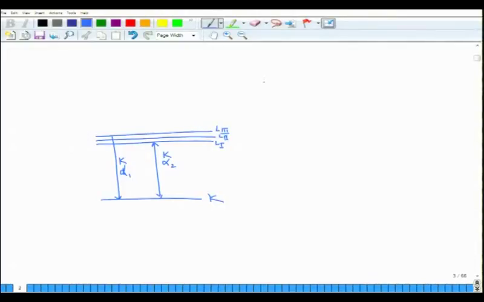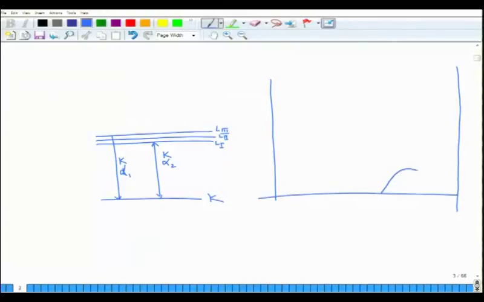Now, we then looked at the spectra after bombarding. The spectra varies in this fashion as the kV increases.